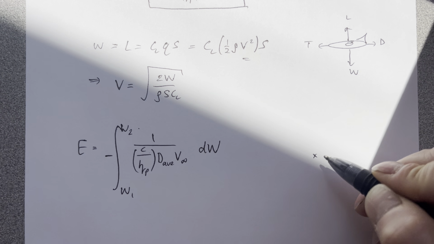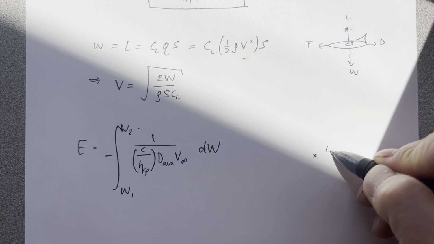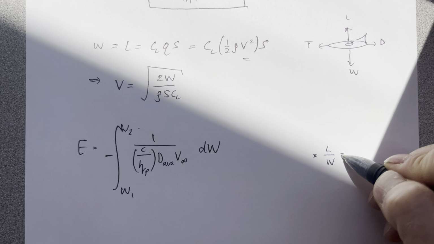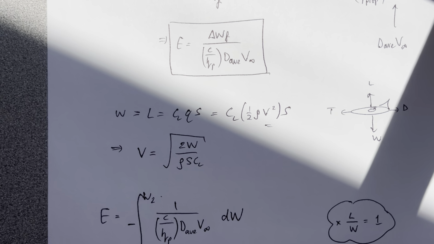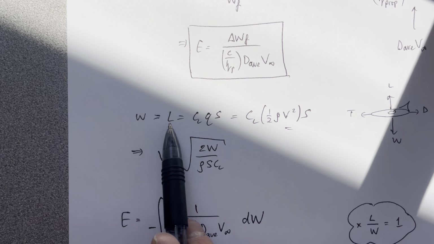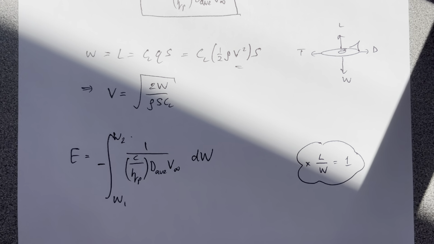So I'm actually going to multiply this term by L over W, which is 1 in disguise, as we showed over here. So if W equals L, then L over W equals 1, right?